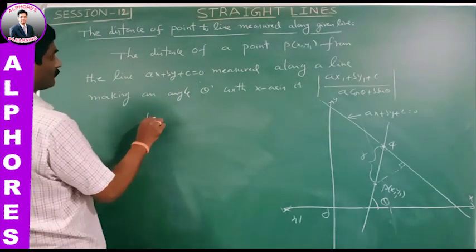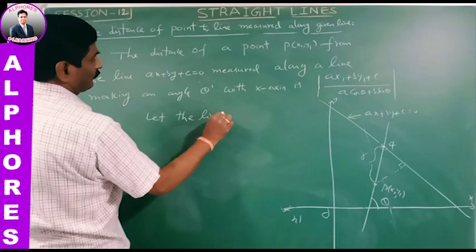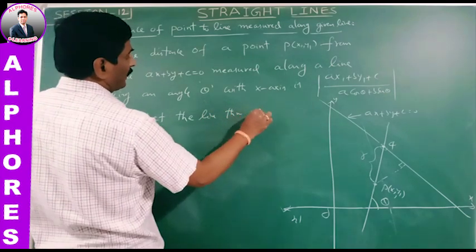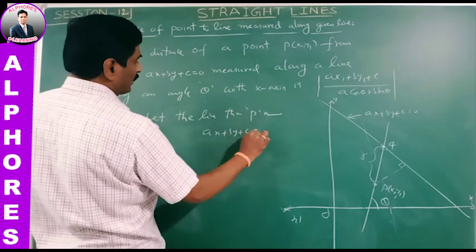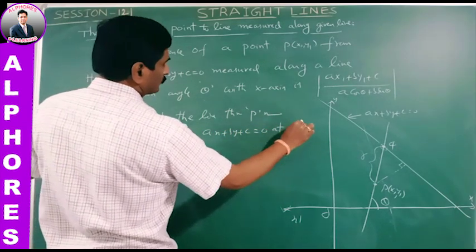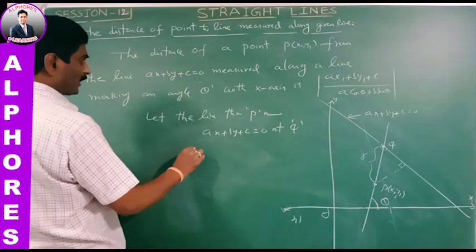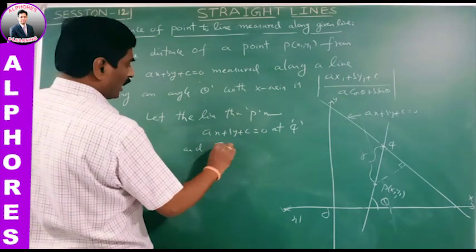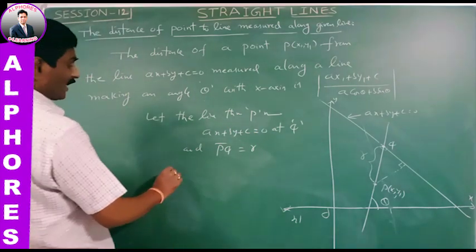Let the line through P meet the line ax plus by plus c is equal to 0 at Q, and let PQ be r units. Then what is the value of Q?